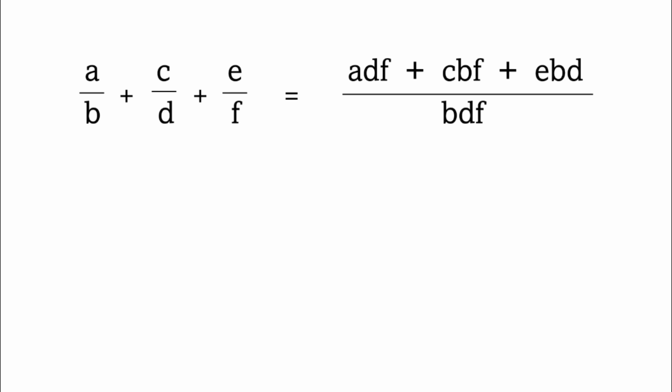And each term in the numerator takes a or c or e and multiplies it by all the denominators except for its own. So a is not multiplied by b up top, but it is multiplied by d and f. So here's the question.